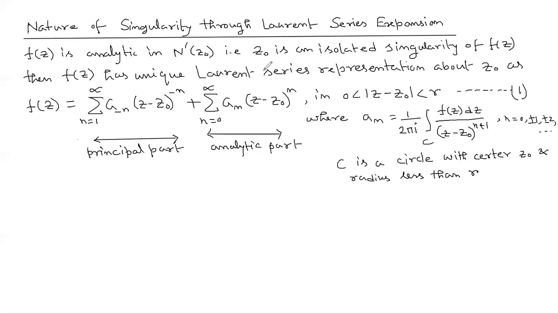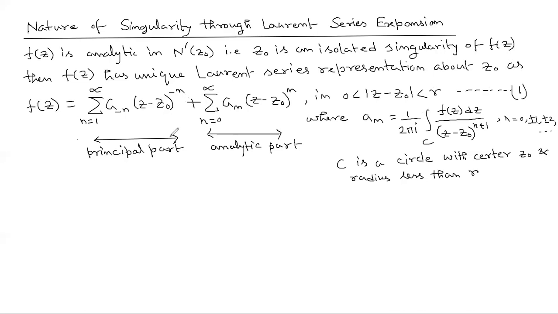Let us try to identify the nature of an isolated singularity through Laurent series expansion. In the video regarding Laurent series expansion, we have seen if a function f(z) is analytic in a deleted neighborhood of z0, that means if z0 is an isolated singularity of a function f(z), then we have a unique Laurent series representation of the function f(z) about z0 as equation number 1.